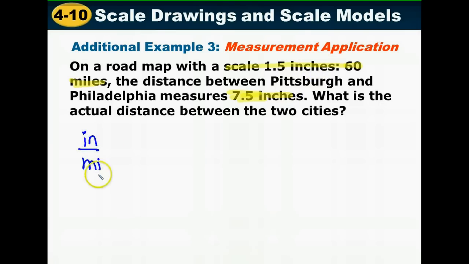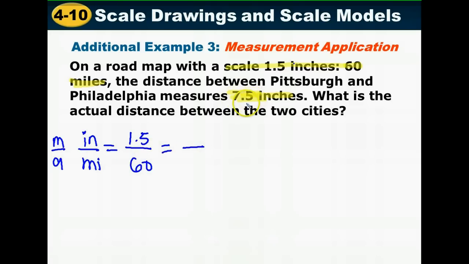Now, because they are different units again, I can do this. But again, remember it's model to actual. The inches, which is this on top, the model, and then the miles, which is in the real world, the actual distance.